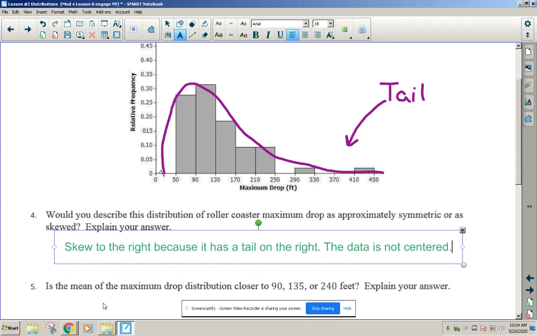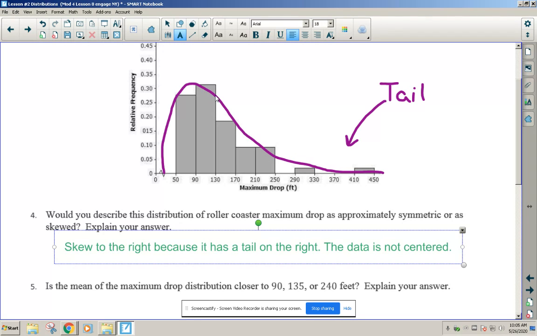Is the mean of the maximum drop of this distribution closer to 90, 130, or 240? It would probably be closer to the 135. 90 looks to be too small because it's too far over to the left. And the 240 is too far over to the right. It's in the tail.